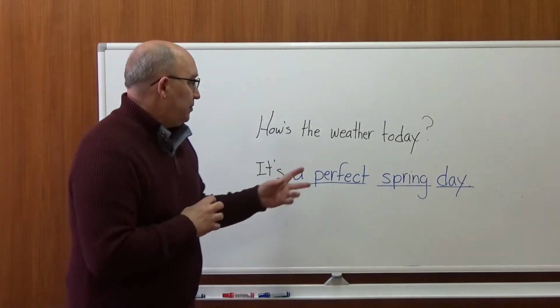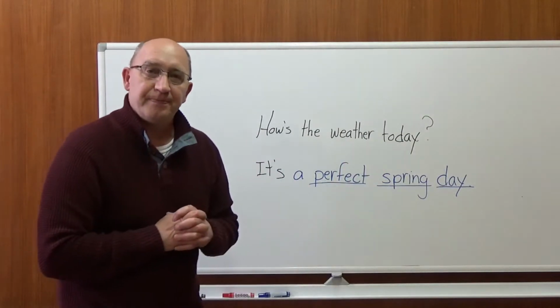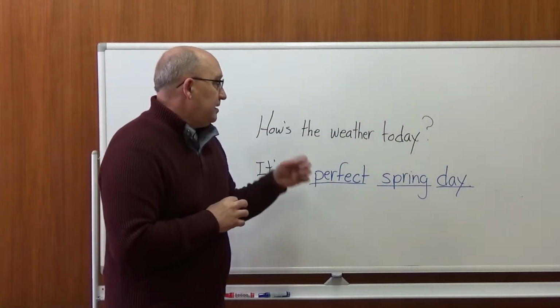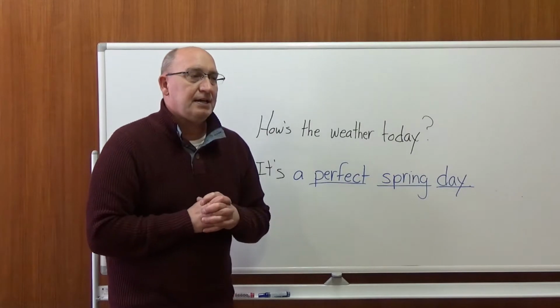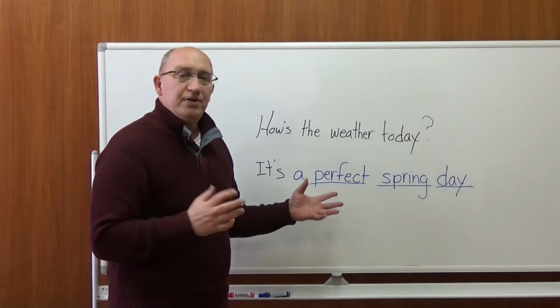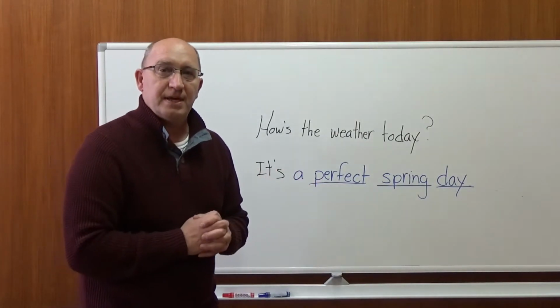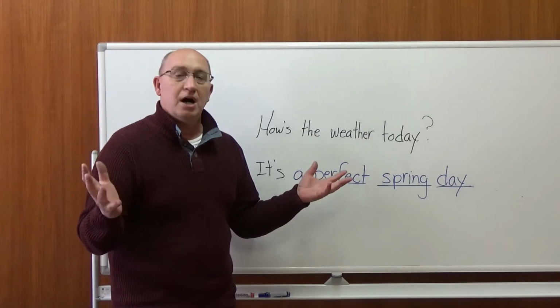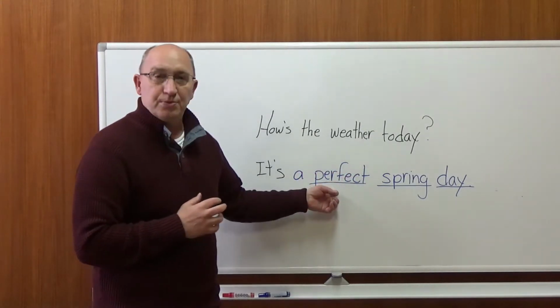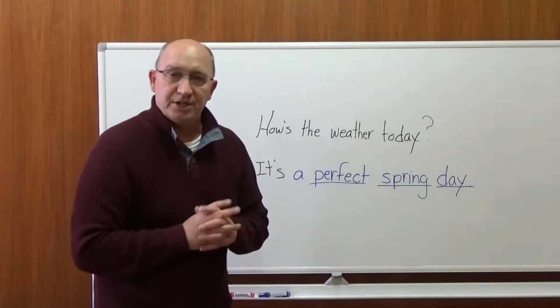Now, we're looking at the words perfect, spring, and day. There are no new words here, okay? But this is a very convenient pattern because the word perfect I could change to wonderful, gorgeous, hot, warm. Of course, I could use any season: spring, summer, fall, and winter.